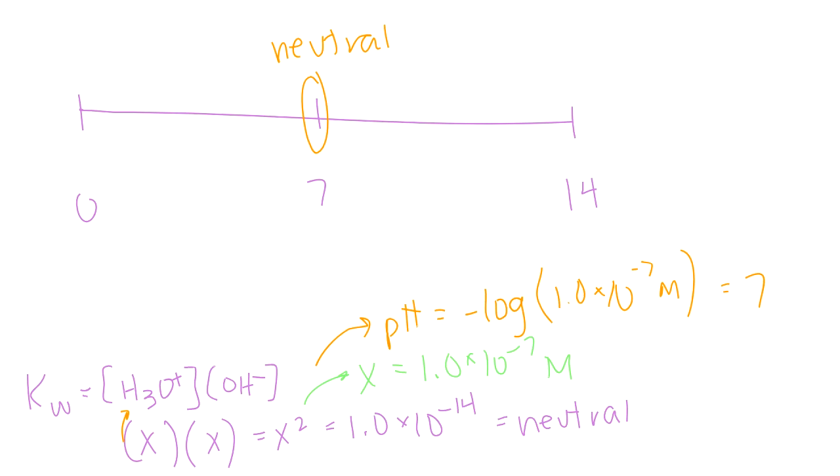If we have a concentration of hydronium that is higher than 1 times 10 to the negative 7, we will end up somewhere in this region, and this region is considered acidic.